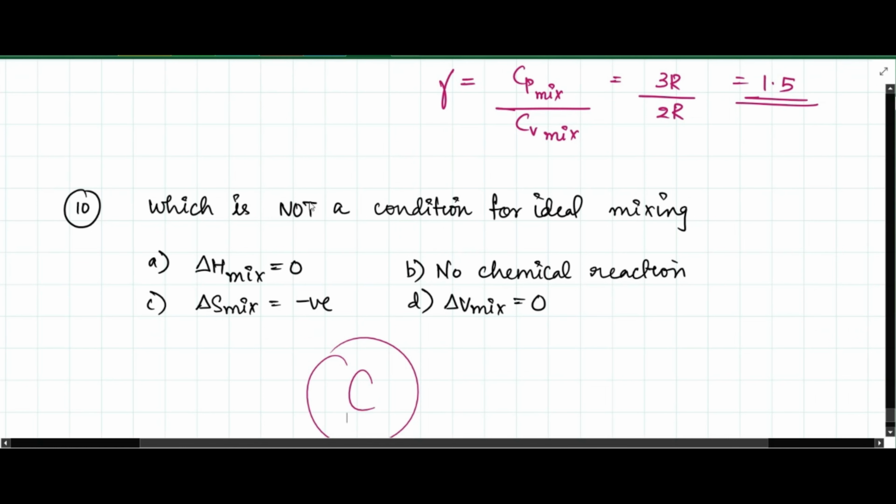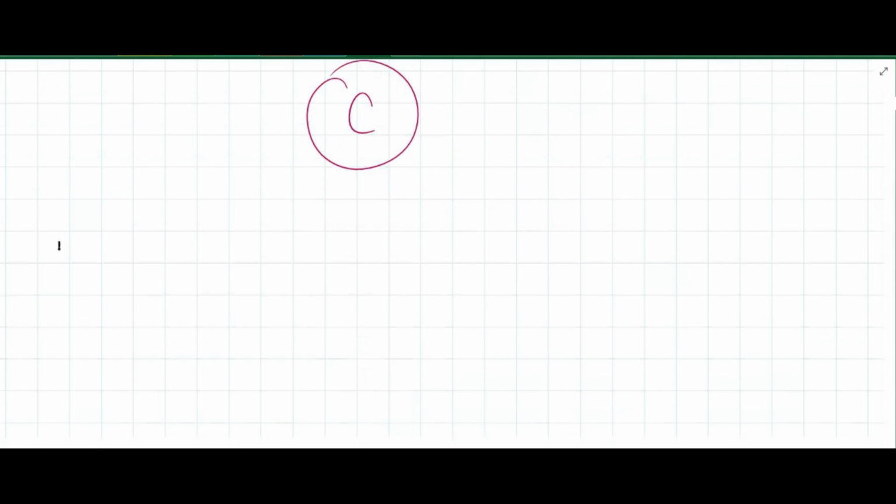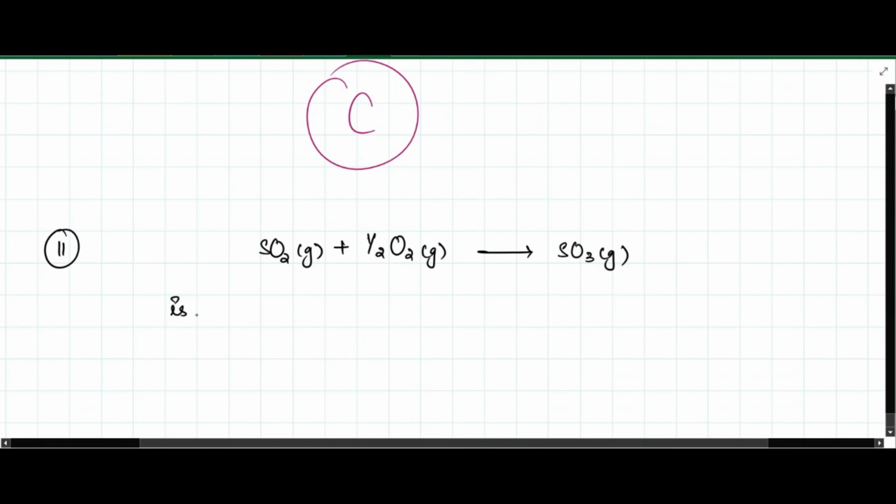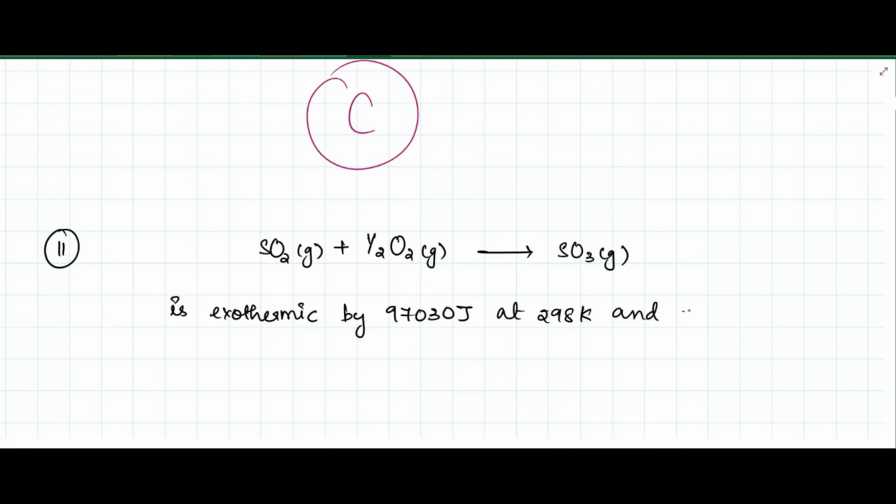Okay. Next question. You have been given a reaction: SO2 gas plus half oxygen gas gives SO3 gas. It is exothermic by 97030 joules at 298 Kelvin and 1 atm pressure, measured in a bomb calorimeter.